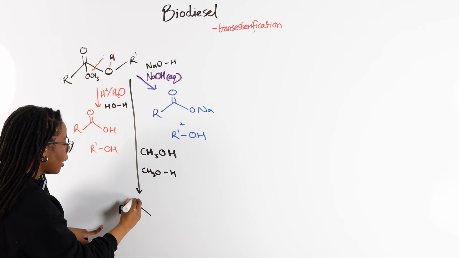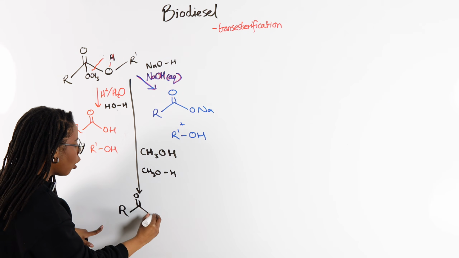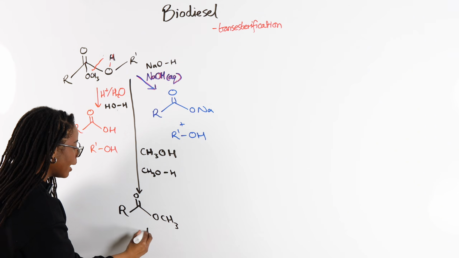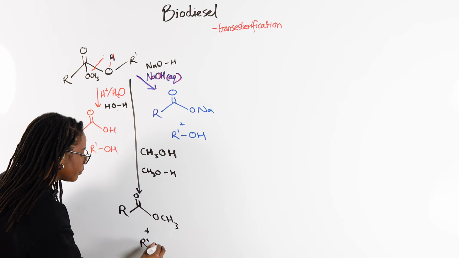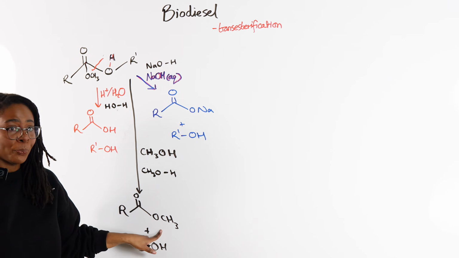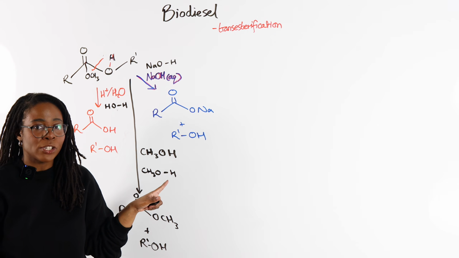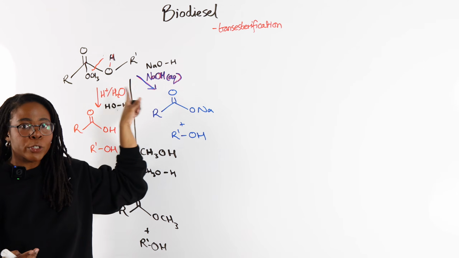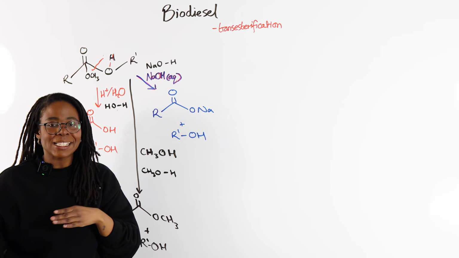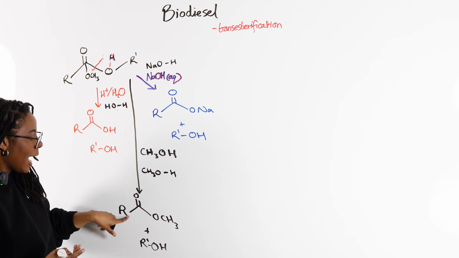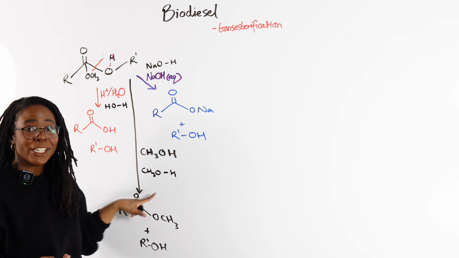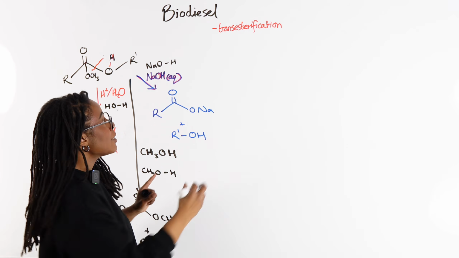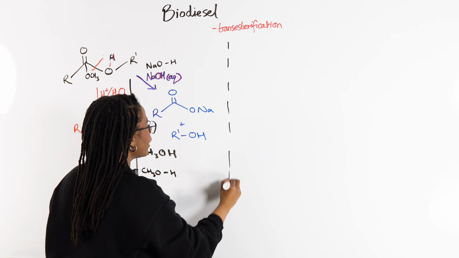We end up with a brand new ester, because now we've got OCH3, we've got a methyl ester, and we've still got our alcohol as before. Okay, transesterification. We have formed a new ester by just switching out what the R group was, what the alkyl part is that's attached to the rest of the ester. And so biodiesel is essentially a mixture of these, but starting with a bit of a scarier starting material. So let's look at this now in the context of biodiesel.